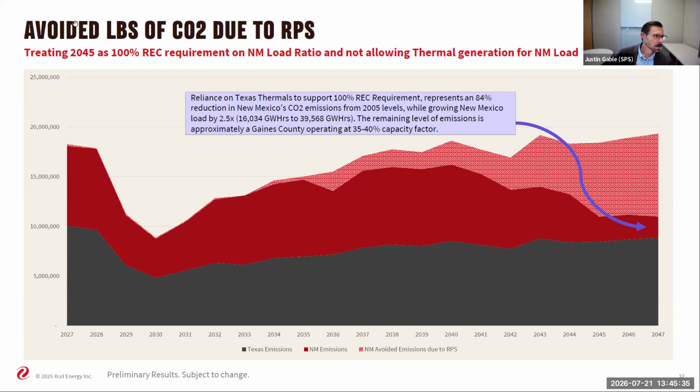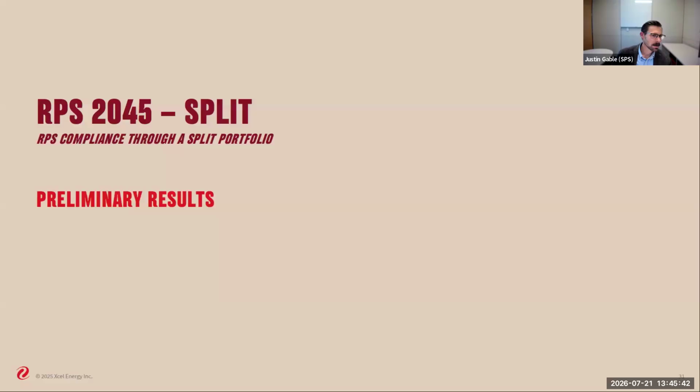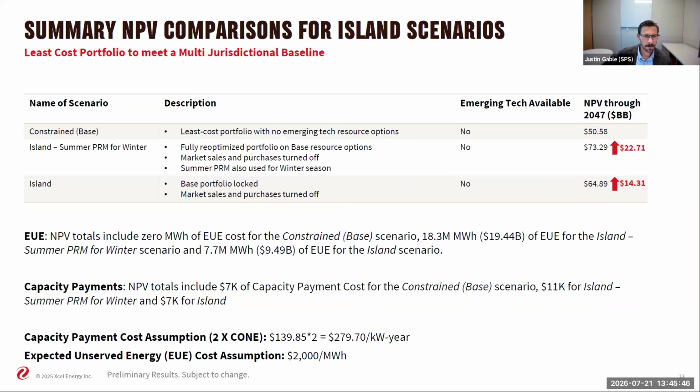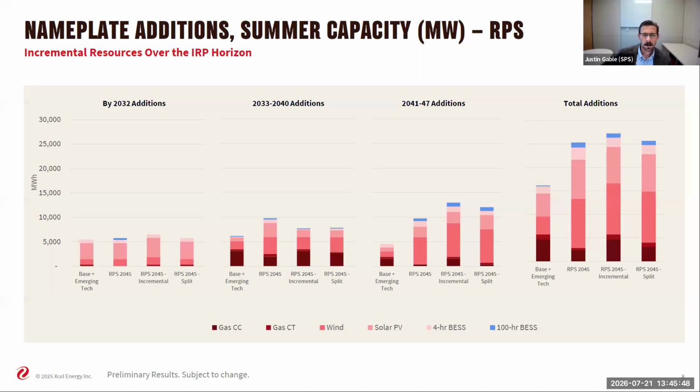I also wanted to jump back to our nameplate slides. On slide 8, this is our nameplate additions. Those are the RPS scenarios that we're looking at, and the ones we've been talking about were focused on that RPS split scenario on the far right.